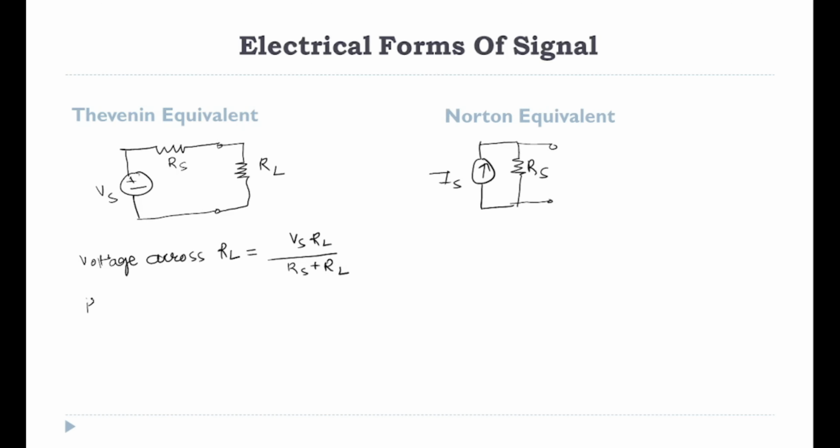If Rs is 0, then the voltage VL will be equal to Vs. But this is not possible in the practical case. In the ideal case, a voltage source can be represented by this value only. So this resistance Rs should be very much less than RL.